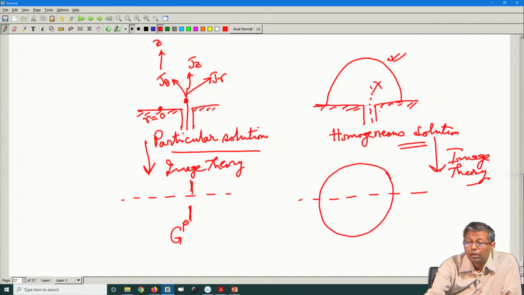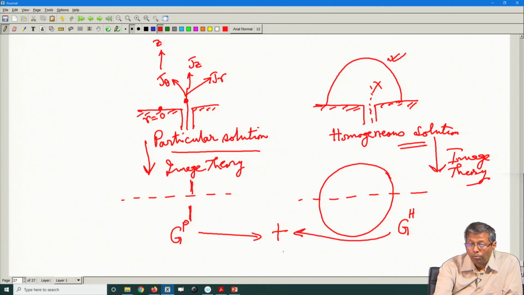The information regarding this boundary without the presence of the probe is contained in the Green's function labeled Gh, the homogeneous Green's function. These two Green's functions are added together to form the total Green's function G.